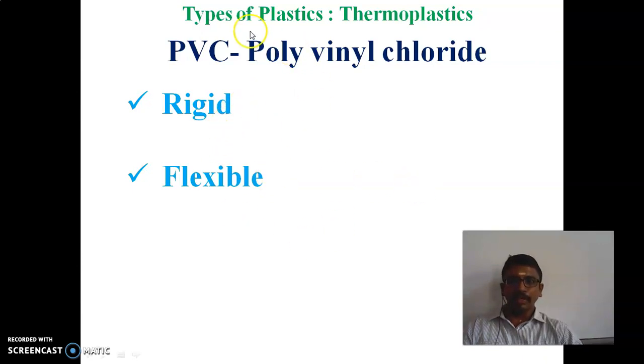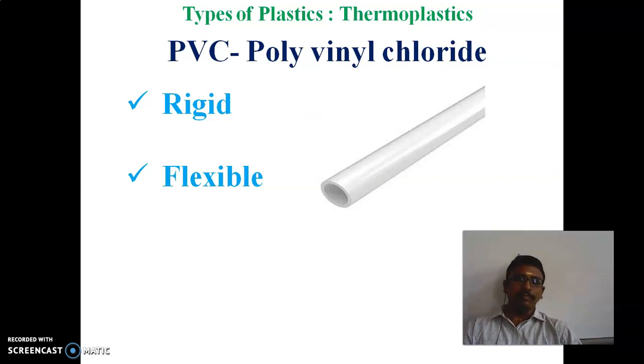Polyvinyl chloride can be used in plastic tubes, pipes and everything. The tubes and pipes are manufactured with the help of polyvinyl chloride compound.